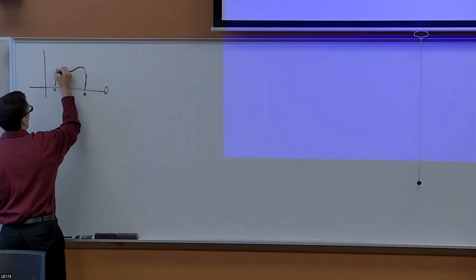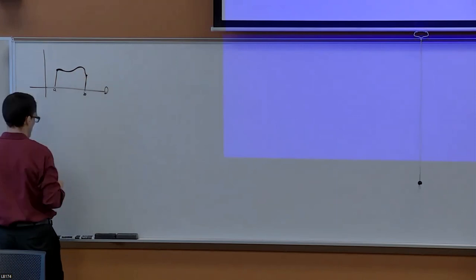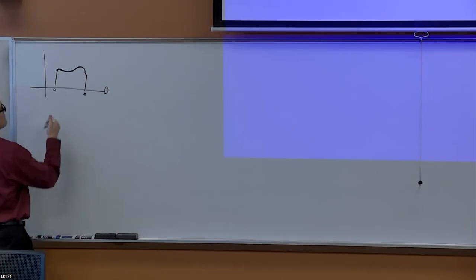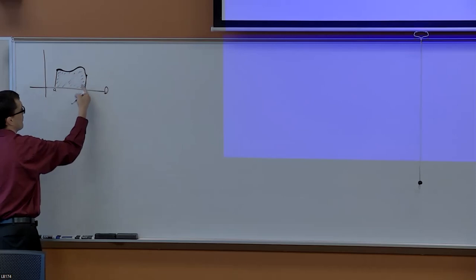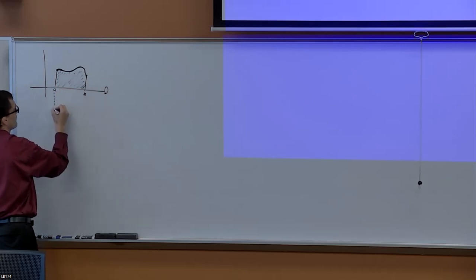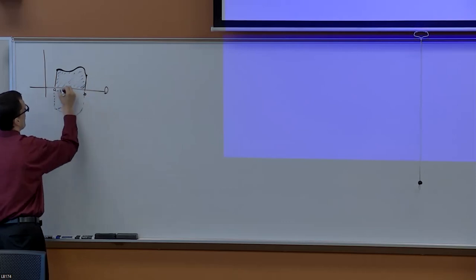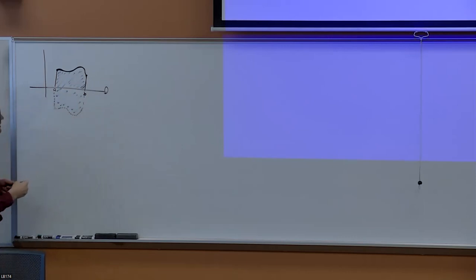So my area is right there. And I rotate that around. So I have this ghost area, something like that. Okay. So we're rotating this area around.